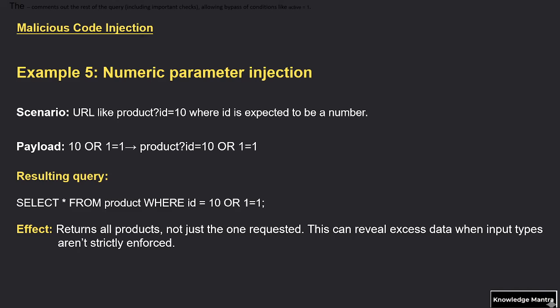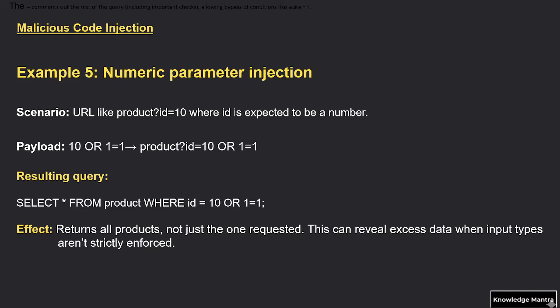The resulting query will become select star from product where ID equals 10 or 1 equals 1. What will be the effect? It returns all products, not just the one requested. Here we are requesting a product whose product ID equals 10 in the original query, but after adding the payload, it means everything, all the products, irrespective of the ID.